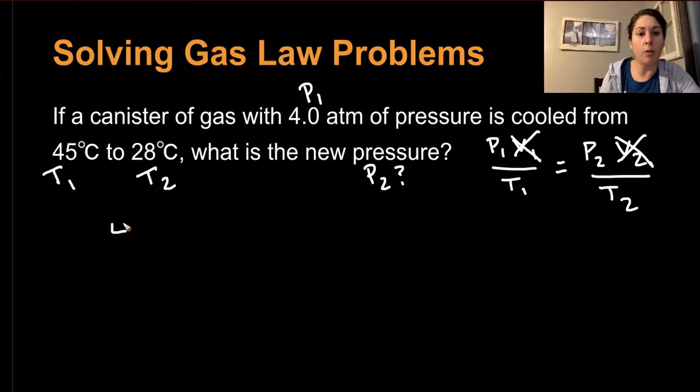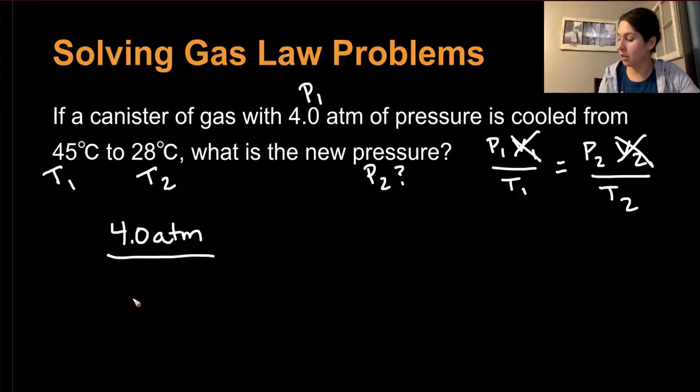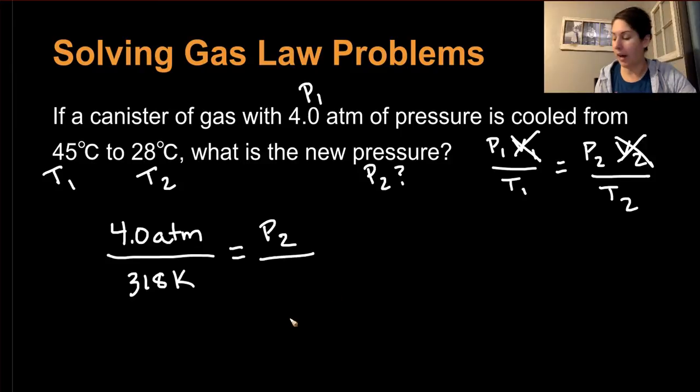I'm going to take my 4 atmospheres of pressure divided by, now what I usually do is I just add 273 to this temperature, and when I do that I end up with 318 Kelvin, and that's going to be equal to P2 divided by, and I'm going to add 273 there, and I get 301 Kelvin.